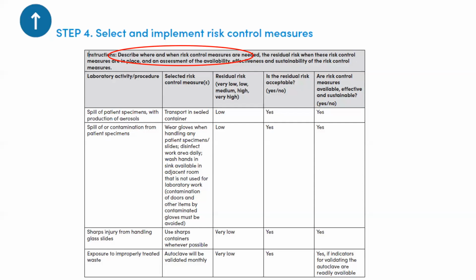And then finally, they did mention they had sharps containers, but they might not have been using them, so they've added those in, reduced their risk there to very low. And then improperly treated waste, that also is very low. So these are cases where they were able to reduce their risk from medium to low.